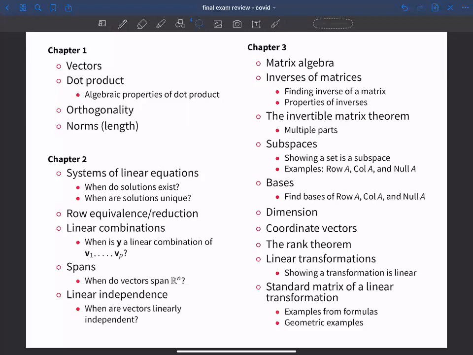Can you remind us really quick what coordinate vectors are? Yeah, so remember coordinate vectors. If I give you a basis, v1 up to vn, then any vector can be written as a linear combination of this basis.